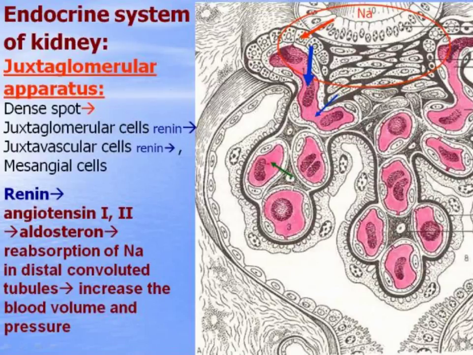The juxtavascular cells and mesangial cells can also produce renin and release it into the blood, helping the juxtaglomerular apparatus.